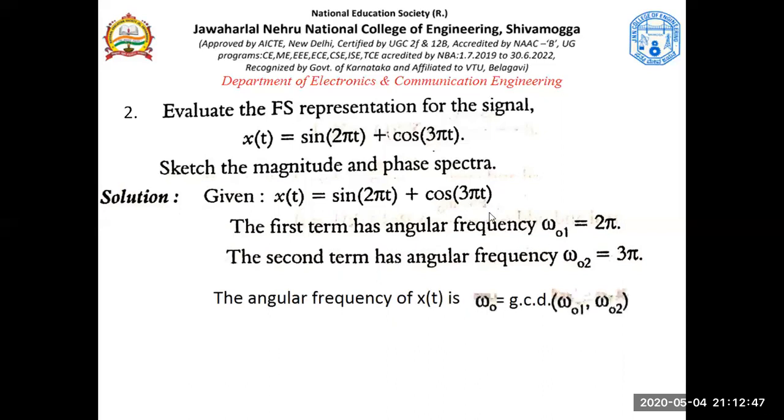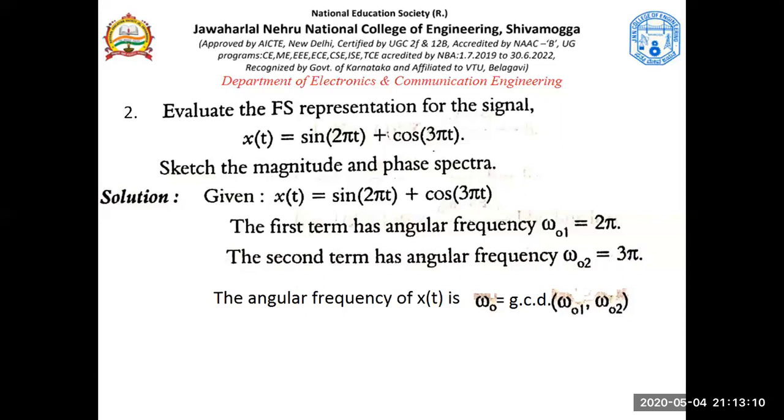How to find that? The omega naught, that is the angular frequency of x of t, is given by the GCD of omega naught 1 and omega naught 2. What is GCD? GCD is the greatest common divisor. There is 2 pi and there is 3 pi. Which is the greatest common divisor which will divide both of these numbers? Will 2 divide both?